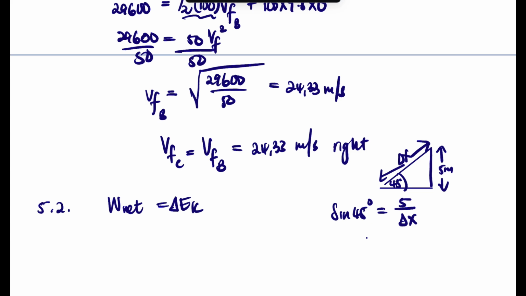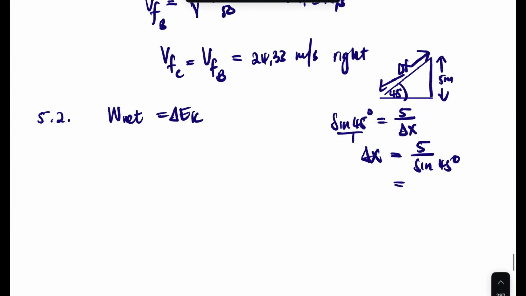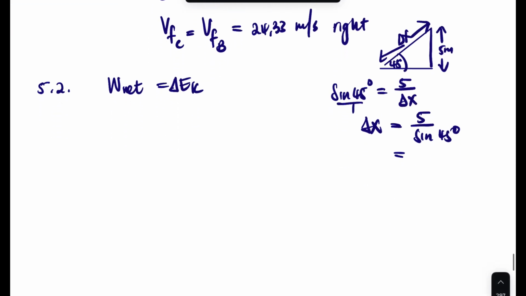So when you cross multiply, the displacement is 5 divided by sine 45. When you punch that in the calculator, our displacement is 7.07 meters.